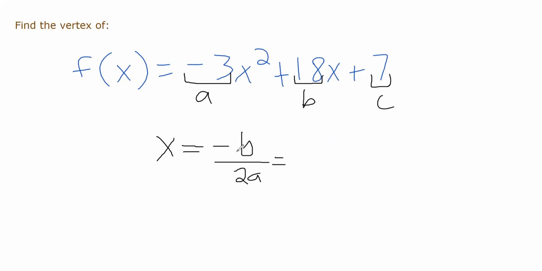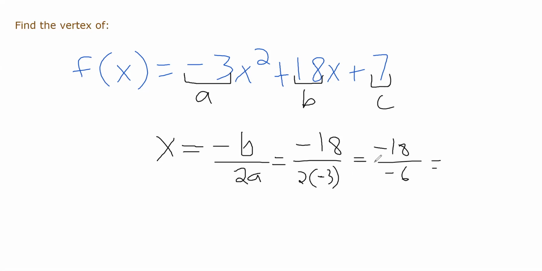So negative b over 2a, so it's going to be negative whatever we have. Since it's positive 18, it's going to be negative 18 over 2 times a, which is negative 3. That's the right way to do it. That's going to give us the x coordinate of our vertex. Negative 18 on top. 2 times negative 3 is negative 6.